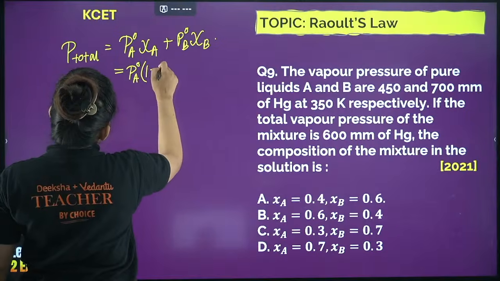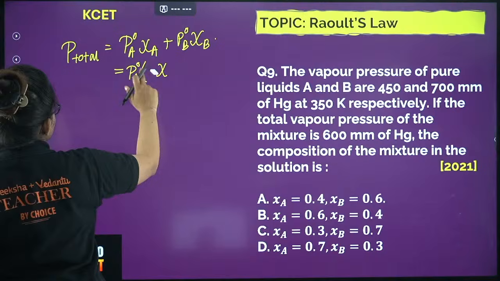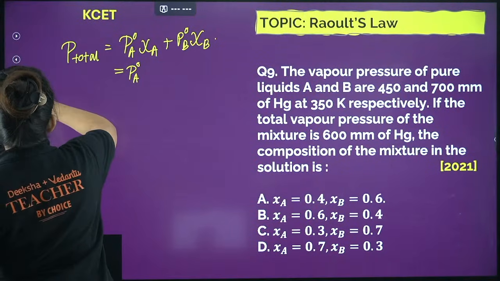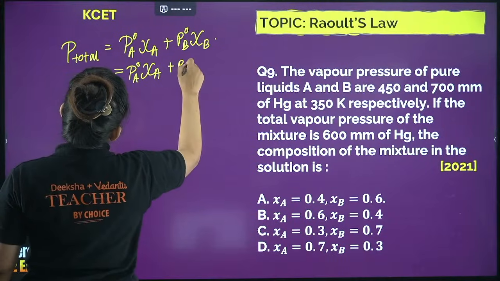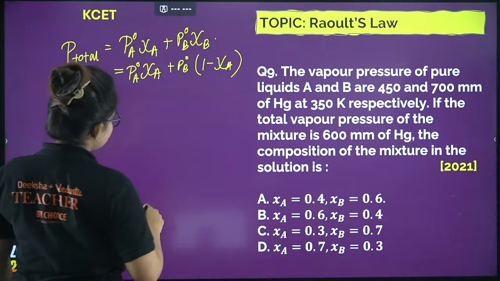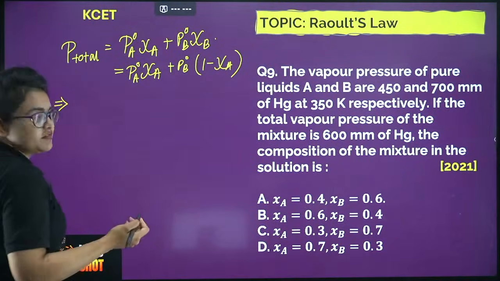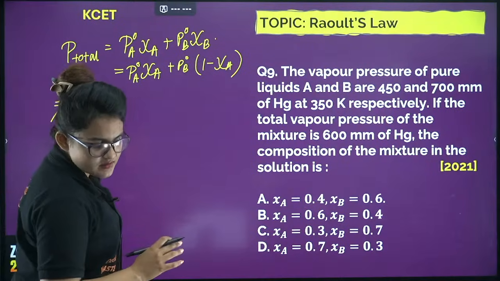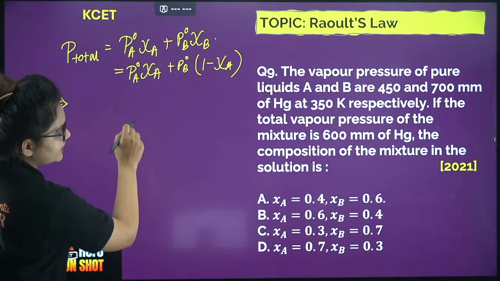So P0A times XA plus P0B times (1 minus XA). Now you have to put the values, everything is given. Here I have the value 600.